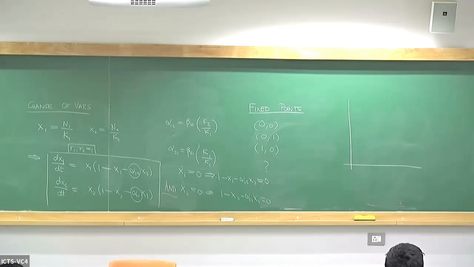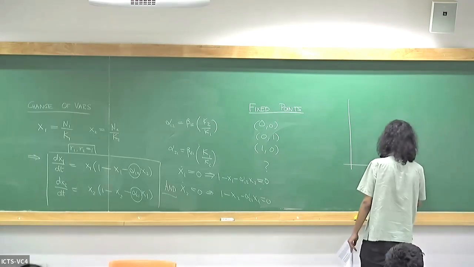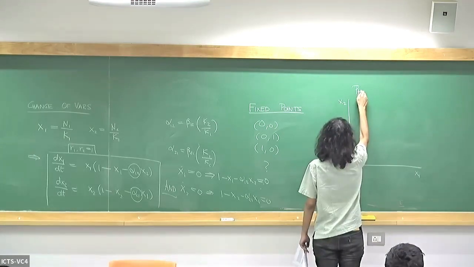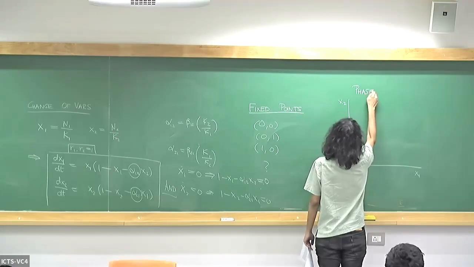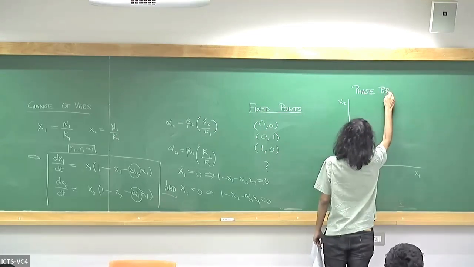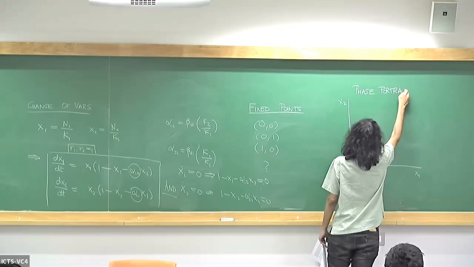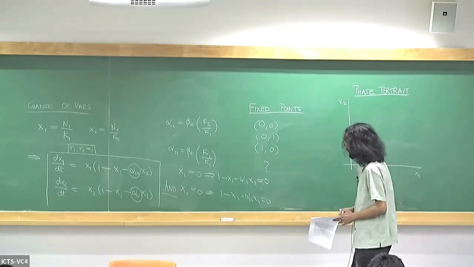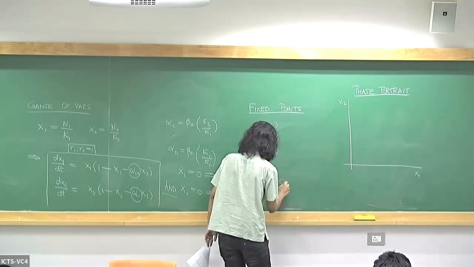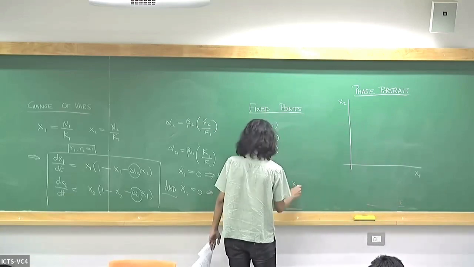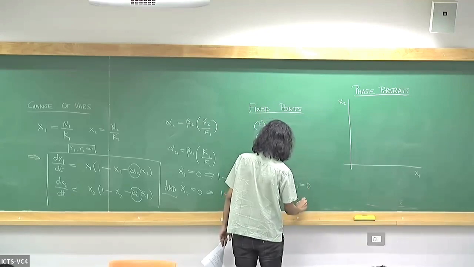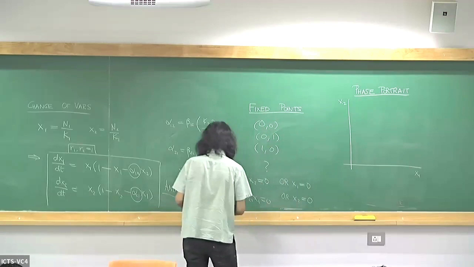I have a two species system, so I can make a phase portrait, right? So I can make x1 over here and x2 over here. Say x1 equals 0 or x2 equals 0, right?